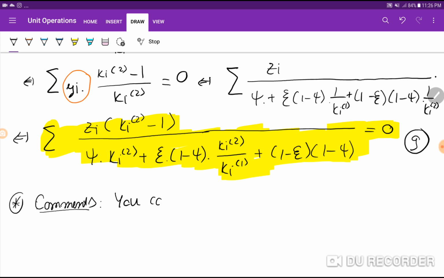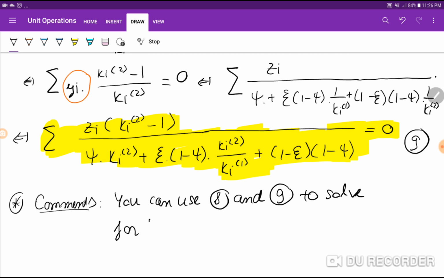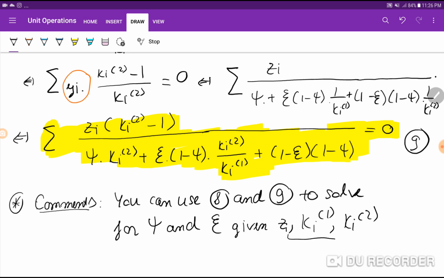You can use 8 and 9 to solve for psi and epsilon given zi, ki1, ki2. This will usually be given to you.